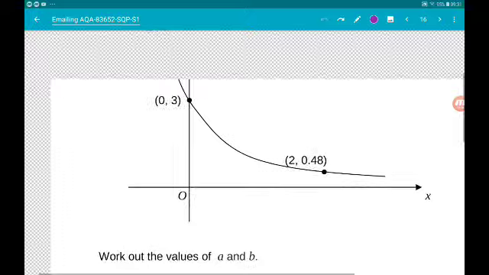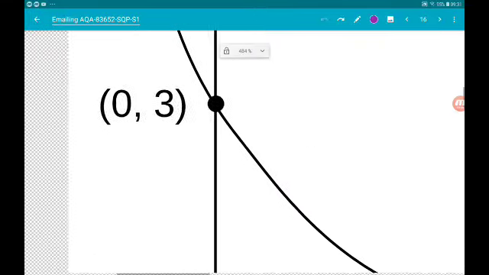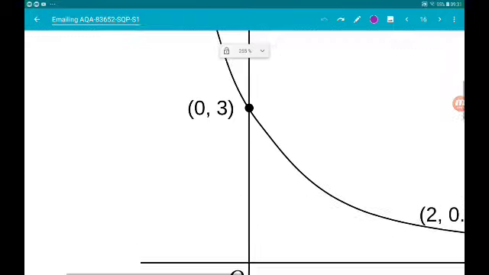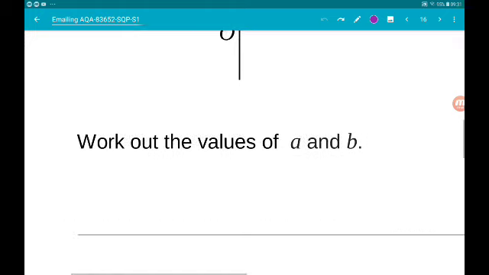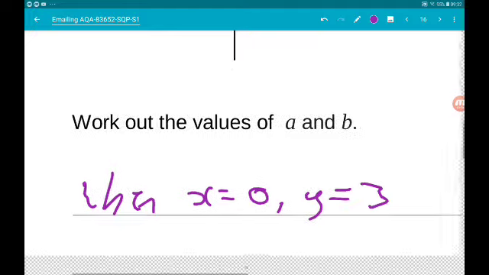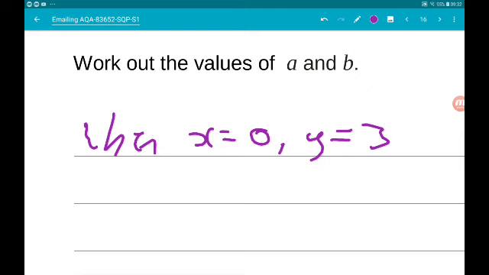So, at this point, we know that when x is 0, y is 3. So, when x is 0, y is 3, that gives us 3 is equal to a b to the power 0.